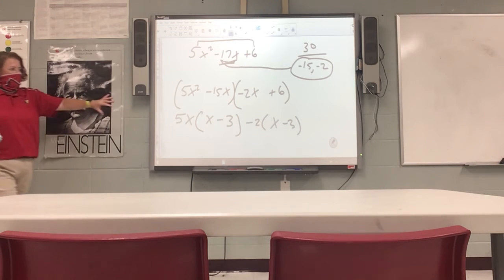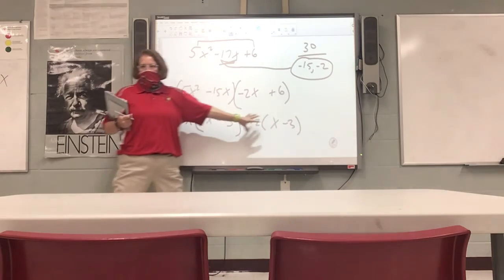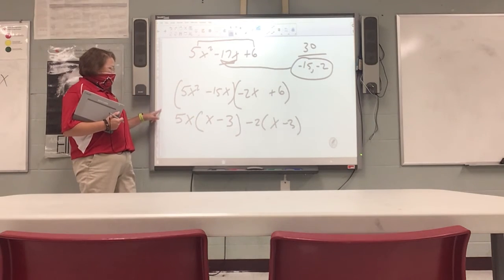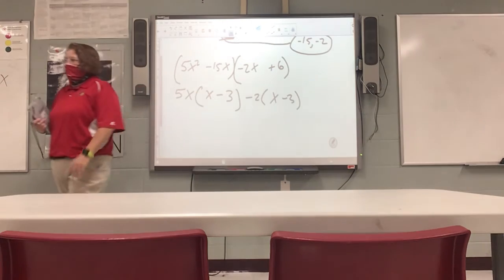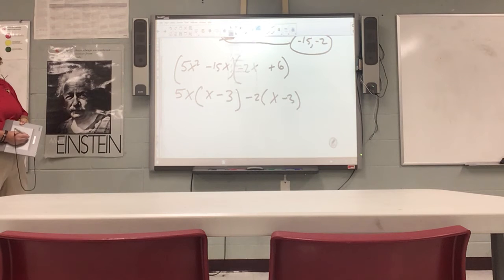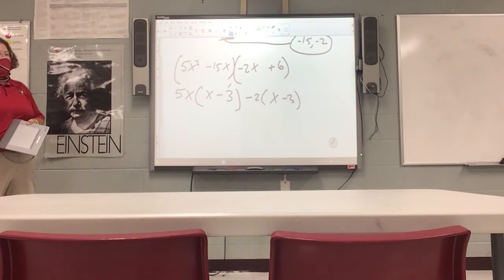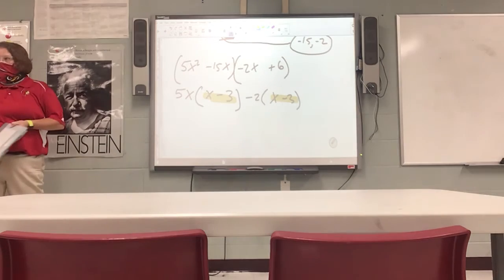This line that we just wrote right here is one big function, just with a couple of parentheses in it. So I wonder, does this one big function have something identical in it? A greatest common factor other than 1? Everything's always gonna have 1. X minus 3. They both have that whole binomial, don't they?